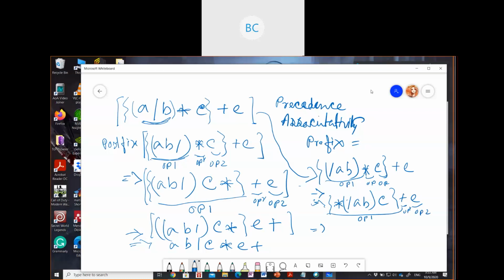So you put it in front again: plus, then star, this remains the same, A, B, C, and E. Then remove the brackets: plus star divide A, B, C, and E. Did you understand? Is it clear?